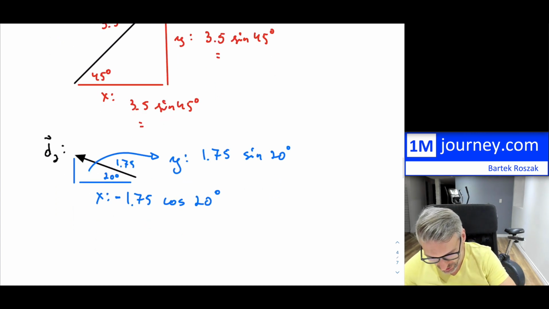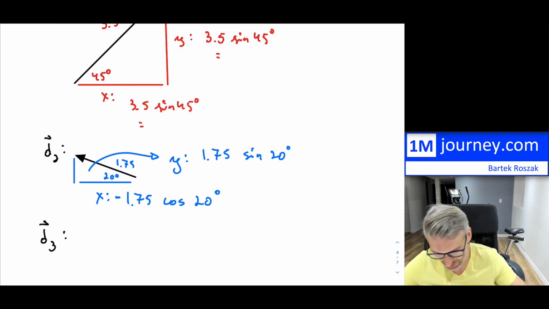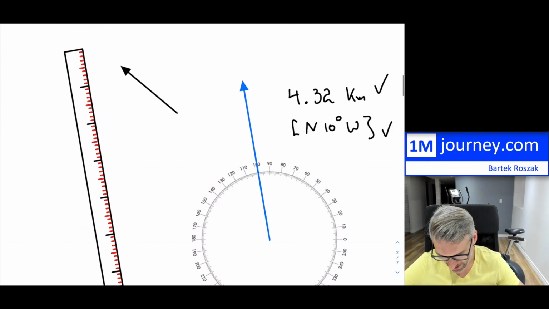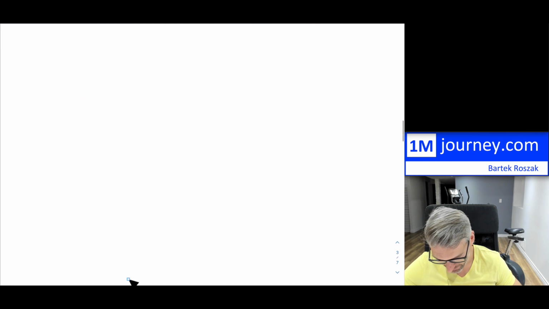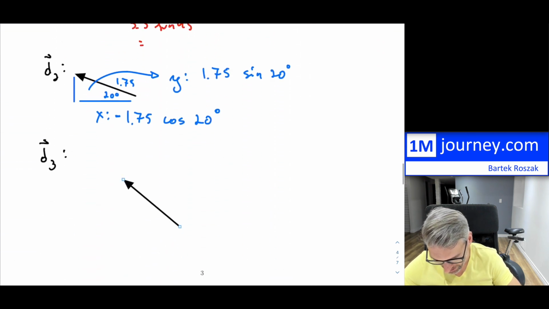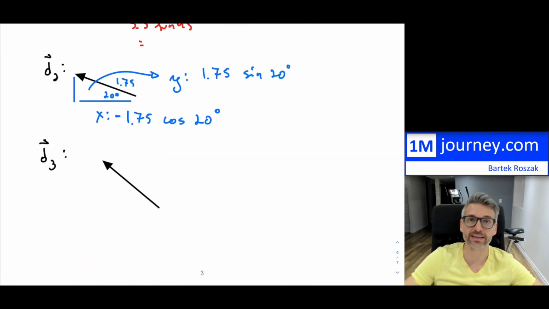And now, of course, I'm going to do the same thing for D3. So what do I have in here? I'm going to grab this out again. This is my last component that I have. Notice that I am taking the negative of it.